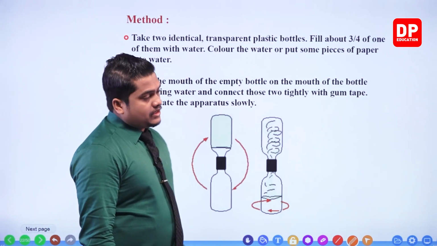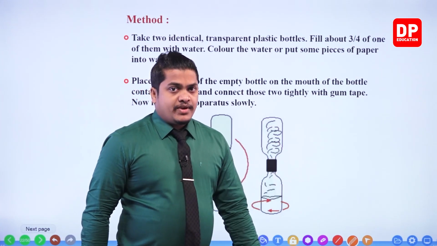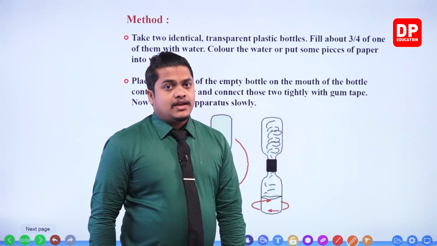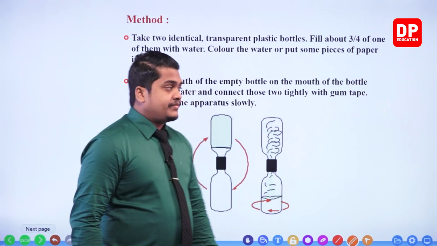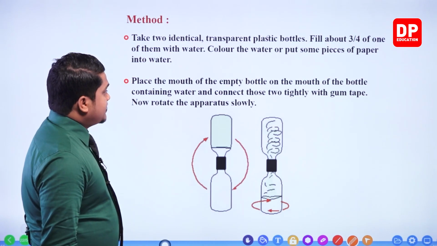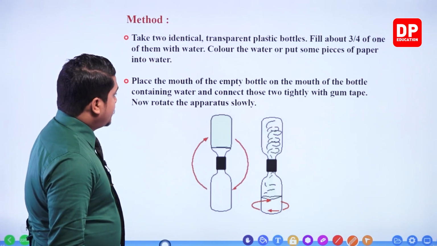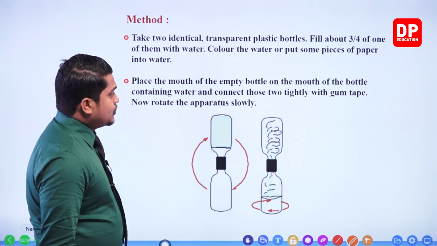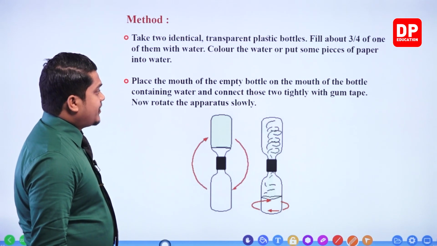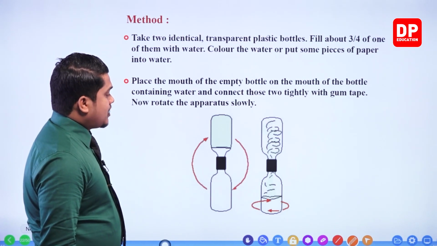You can either color the water, or else we have used pieces of paper, so you can insert the pieces of paper into the water like this. Then place the mouth of the empty bottle on the mouth of the bottle containing water and connect them tightly with gum tape. Now rotate the apparatus slowly.